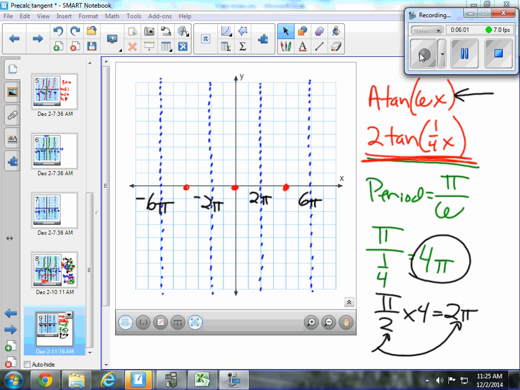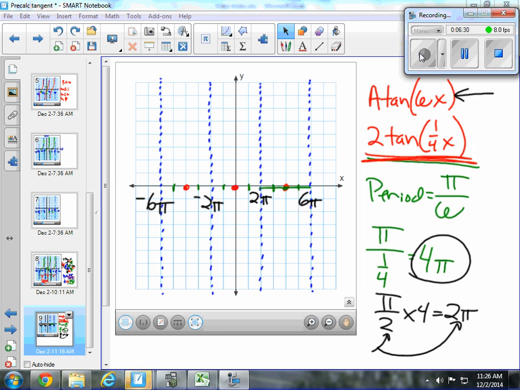The last thing I need to find are my 45-degree points. My 45-degree points are going to come right in the middle between the zero and the right asymptote and the zero and the left asymptote. So my 45-degree points are going to happen here and here, here and here, here and here. Those are going to be my 45-degree points.